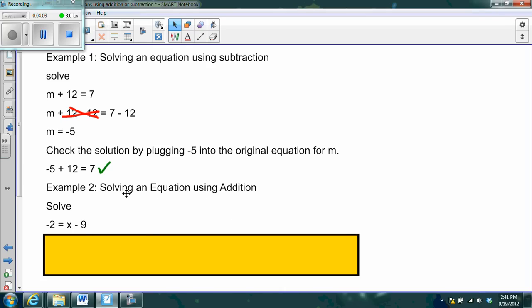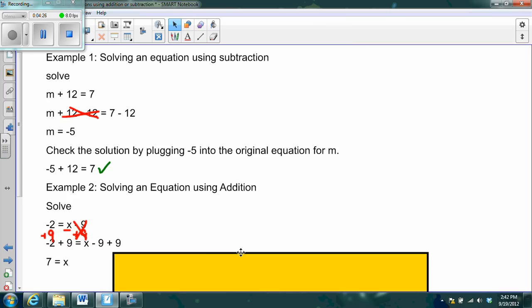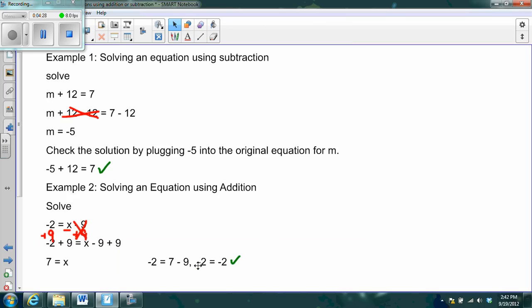Another example would be using addition. If we had negative 2 equals x minus 9, the goal is we want to get this x alone. In order to do that, we have to add 9 to both sides to cancel it out. So this cancels, getting our x alone. Negative 2 plus 9 is going to equal 7.